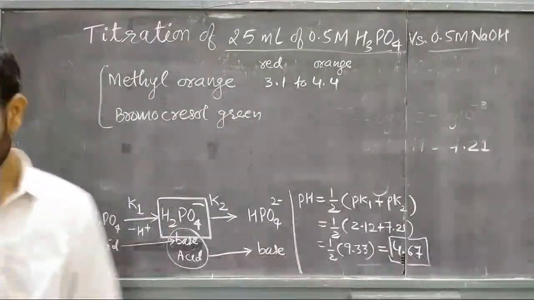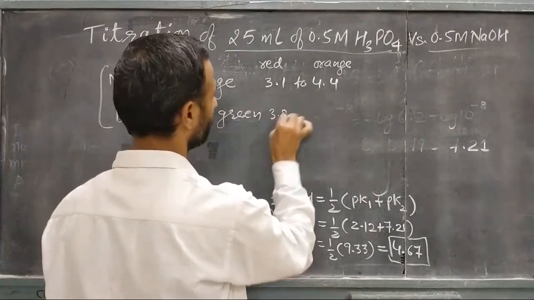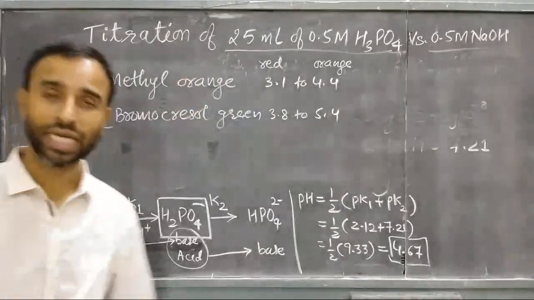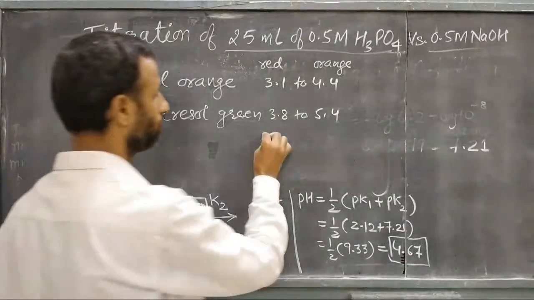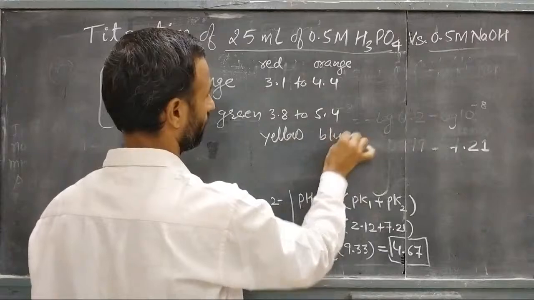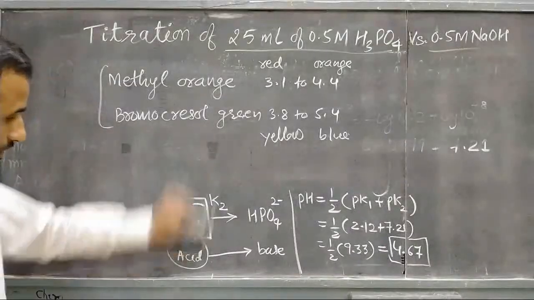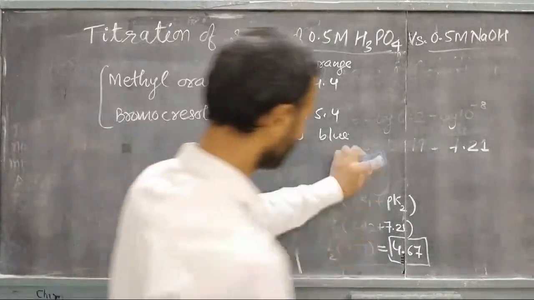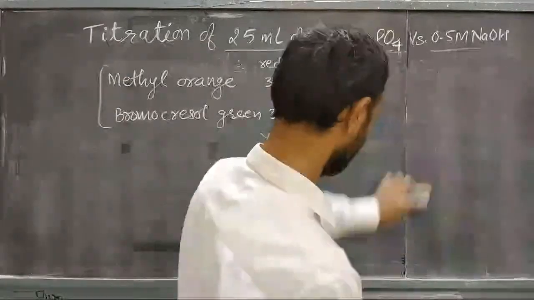And for bromocresol green, it is 3.8 to 5.4, yellow to dark blue. So these are the indicators used for the first equivalence point.